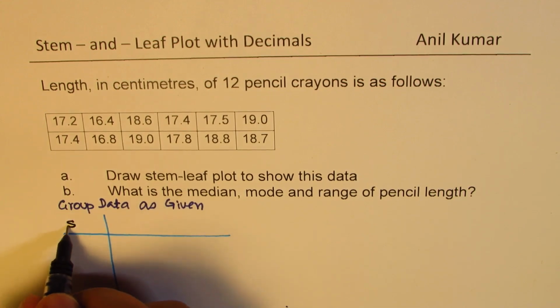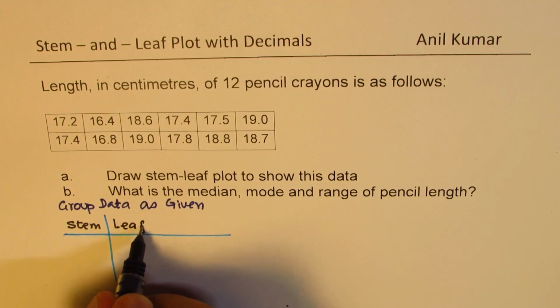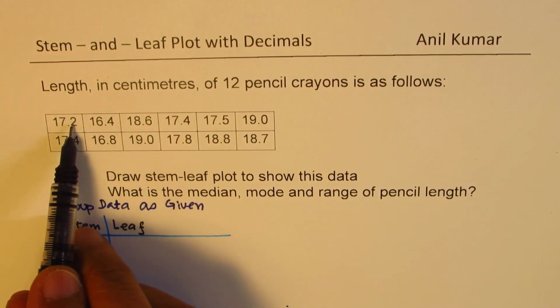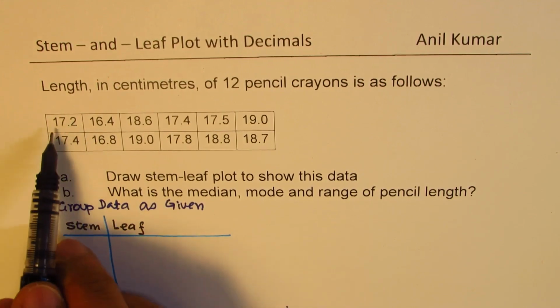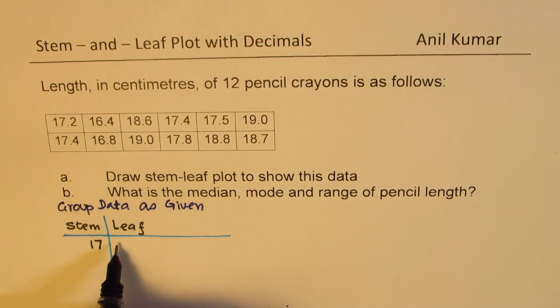So we have stem part and the leaf part. Leaf is the one digit, right? The last digit. So 17.2, 17 will come here, and then 2 will go to the leaf part, right?